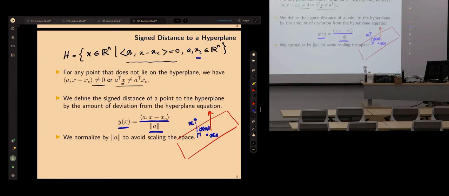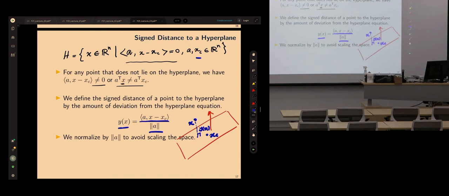It makes your, let's say, Rn or R3 here, if you used to have 1 unit, that 1 unit becomes 2 units because the norm of a is 2. The reason we normalize is that you don't want to scale the entire space. That doesn't make any sense. It changes the way we measure distance.